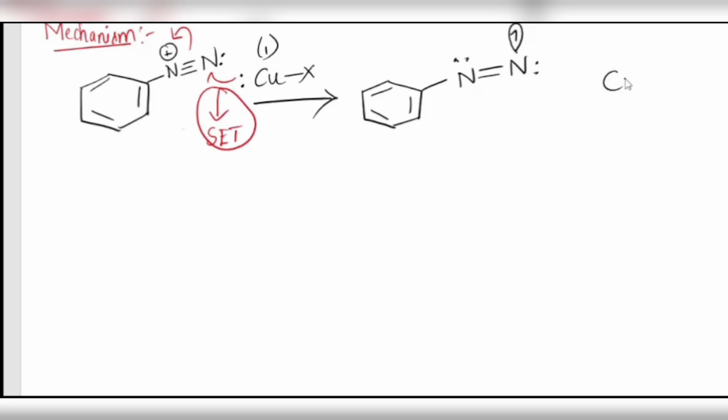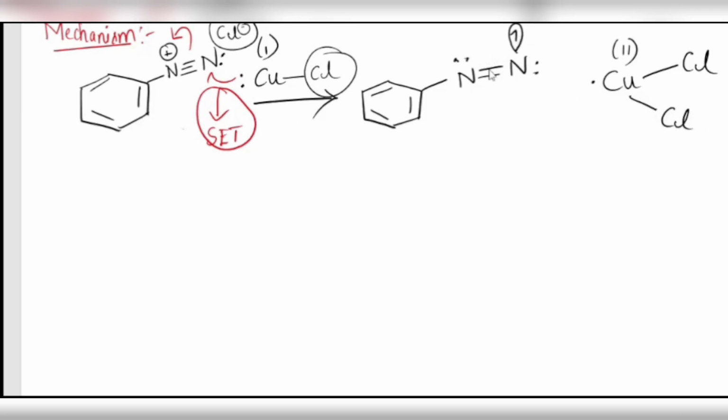I will be writing it as copper in +2 oxidation state, and it will be having only 1 electron, and it can be attached to this particular X. In this case, I will be taking chlorine like this, and this substituent chloride is there. The one chlorine and second chlorine will be attached to copper like this.